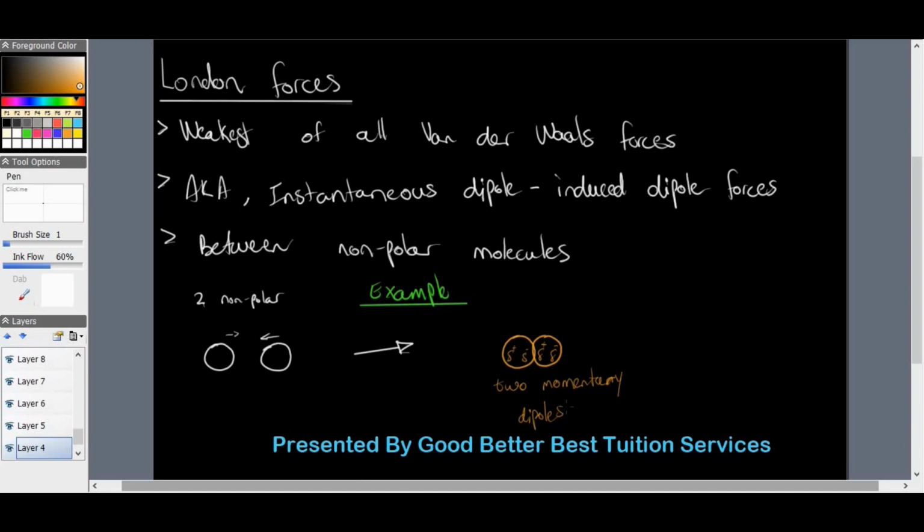The negative electrons in the space around the nucleus repel each other, and the negative charge around the nucleus will thus become unsymmetrical. As a result, dipoles are formed for a brief moment. The opposite charges of the two momentary dipoles will give rise to a very weak intermolecular force, and it's known as London forces.